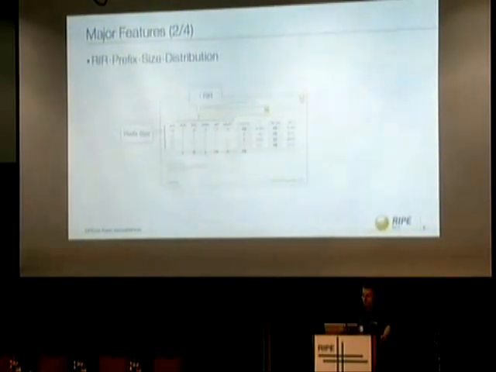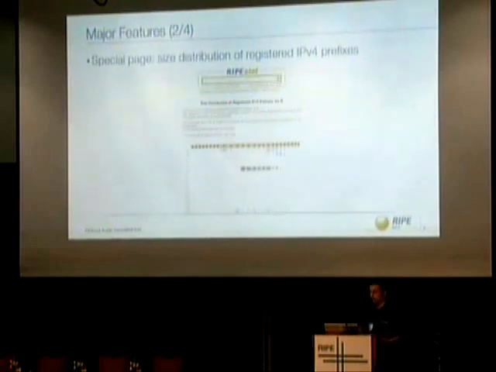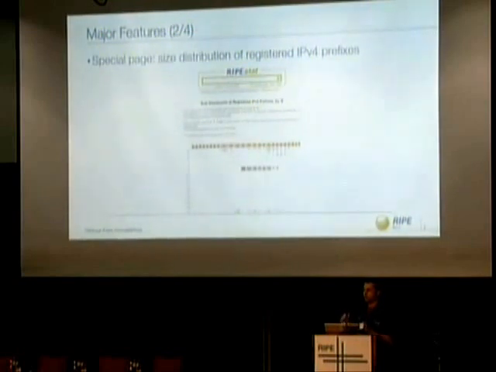On top of this widget, we built one of our special pages. This special page is called the size distribution of registered IPv4 prefixes. On this page, you see the same information aggregated over the entire IPv4 space, grouped per /8.